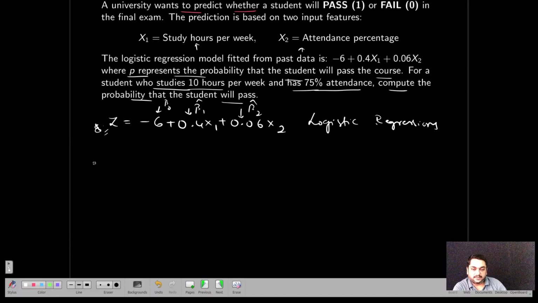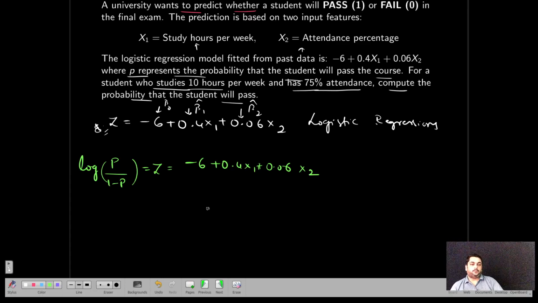What is the regression line? Log of p by 1 minus p is equal to z, that is, minus 6 plus 0.4 x1 plus 0.06 x2. Now, how will you find the p? For x1 equal to 10 hours per week, we are going to predict the passing percent.